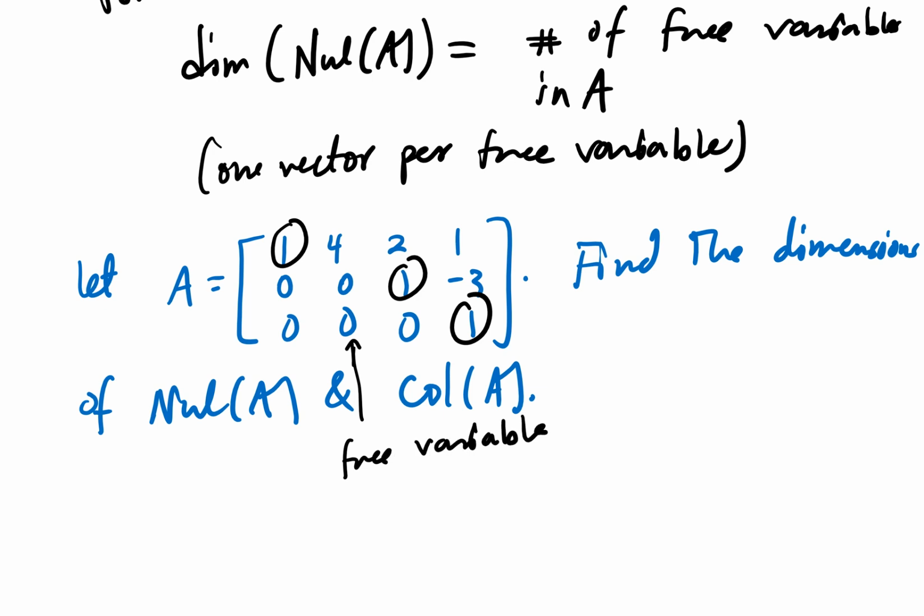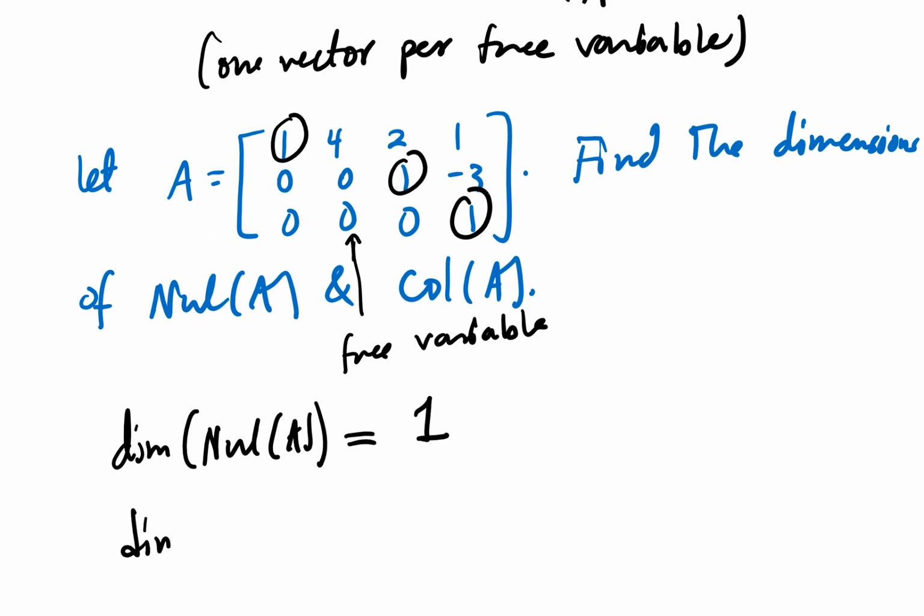Right? So to find the dimension of the null space of A, it's the number of the free variables. So in this case, it's only 1. Right? And the dimension of the column space of A is the number of pivot columns, right? And we told you it's 3 pivot columns.